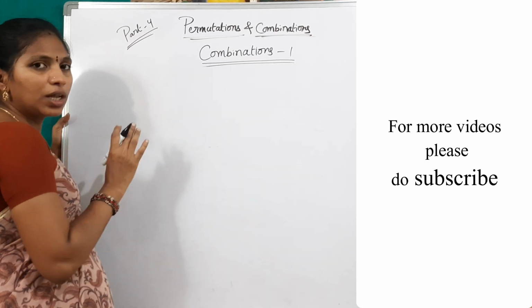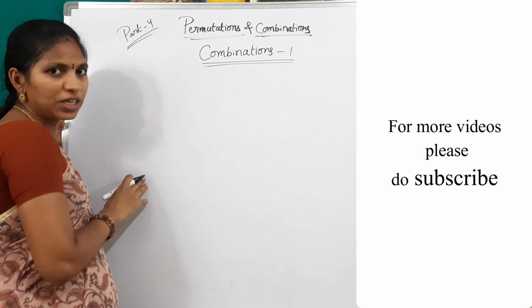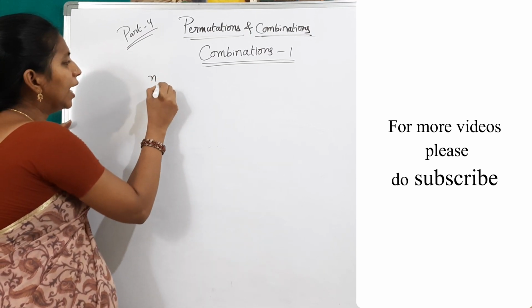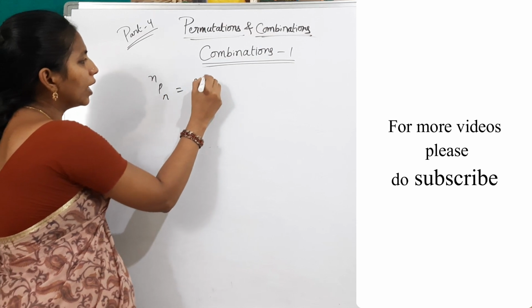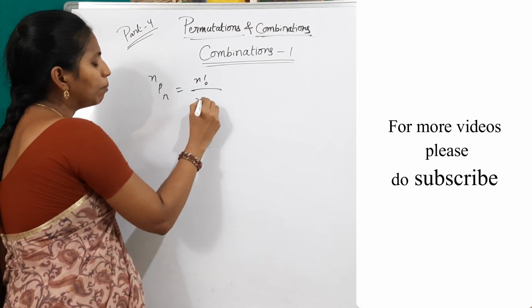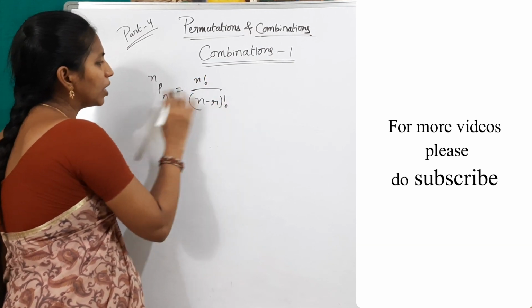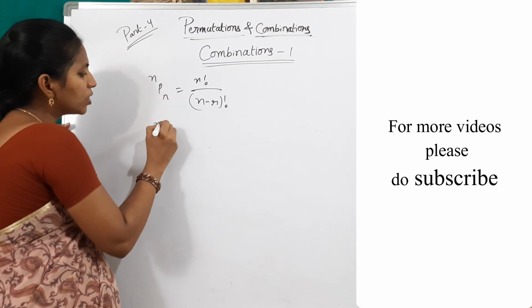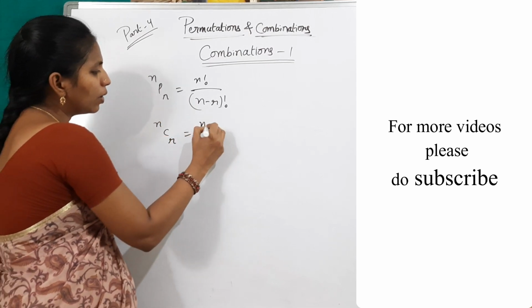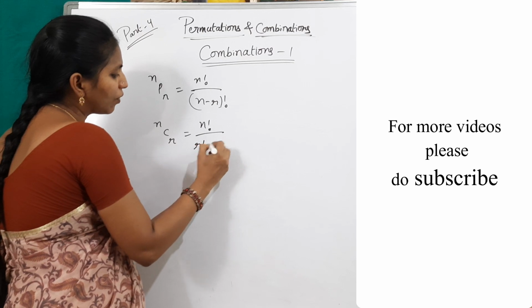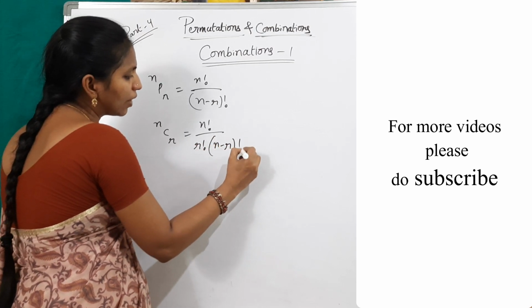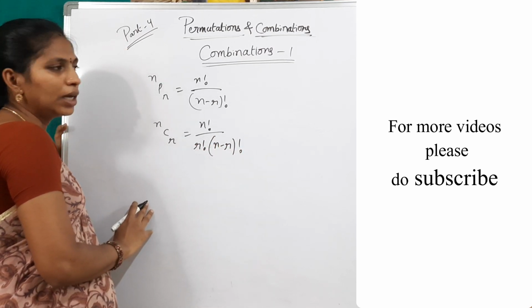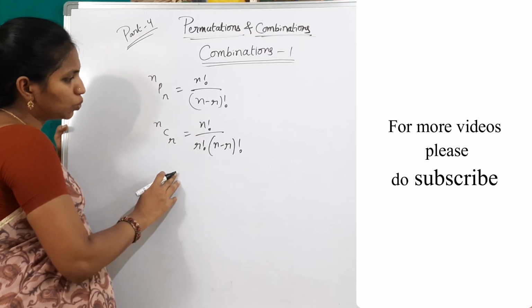Now see the relation between the permutations and combinations formulas. Here NPR equals N factorial by N minus R factorial, the permutations formula. And the combinations formula is NCR equal to N factorial by R factorial into N minus R factorial. Now see the relation between these two.